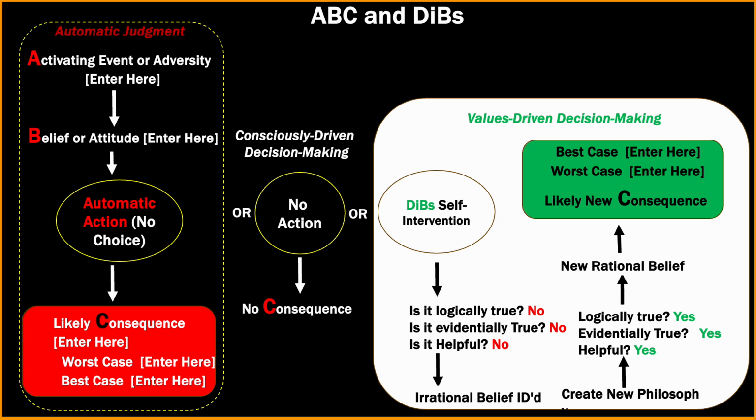So in summation, we are looking to reduce automatic judgment as depicted in the ABC model default condition on the left, and increase our decision-making of the other 2, especially in the third values-driven decision-making model.